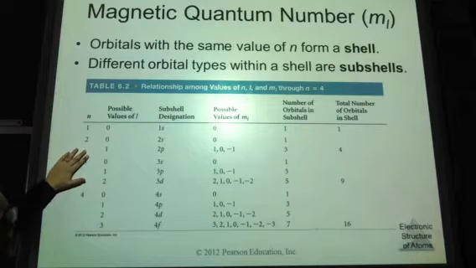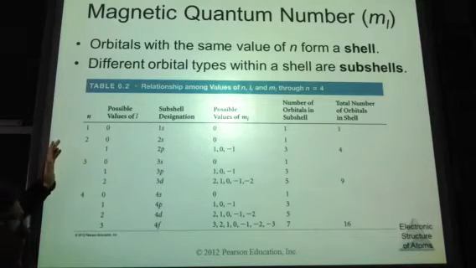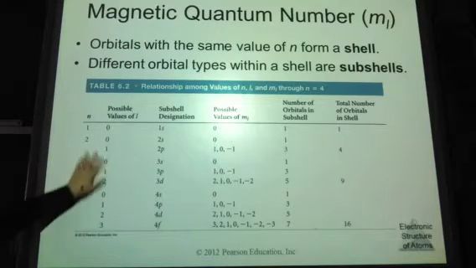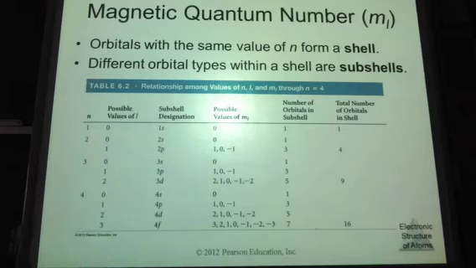They just want us to be able to say that we know there are 4 orbitals. Those orbitals are S, P, D, and F. We know that S can have 1 orientation. We know that P can have 3 orientations, and it looks like a dumbbell. So they're going to ask you more conceptually, instead of having you do any of this.